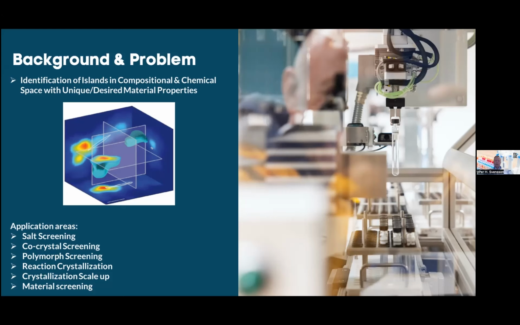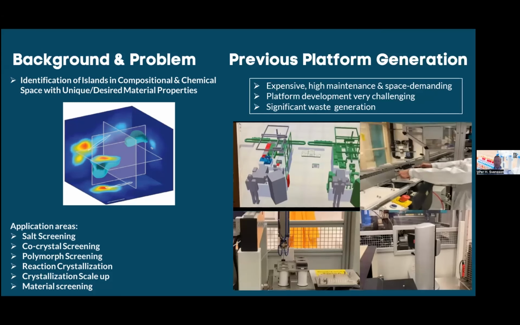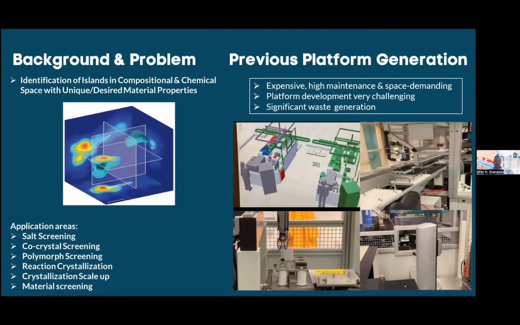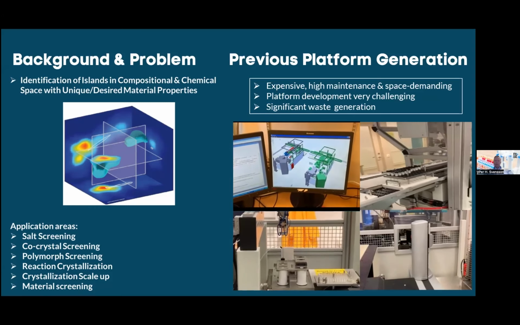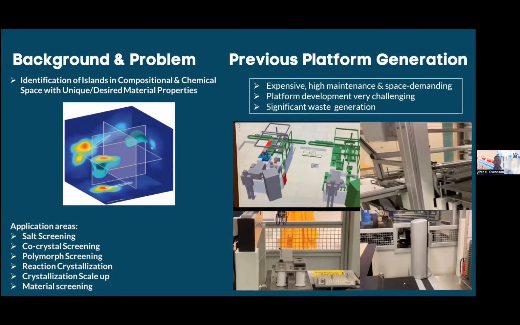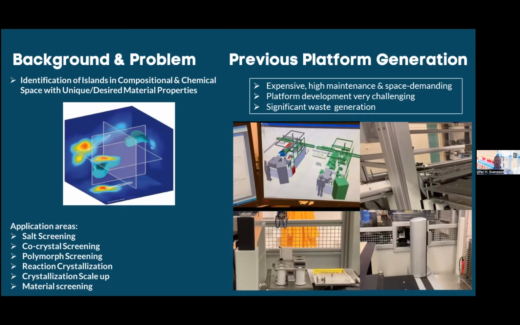The areas we have been applying this to are different types of screening: salt screening, co-crystal screening, also reaction crystallization, crystallization scale-up, but also quite a lot in recent years in material screening. And here on the right-hand side, you can see a previous platform that we have been working with in action.